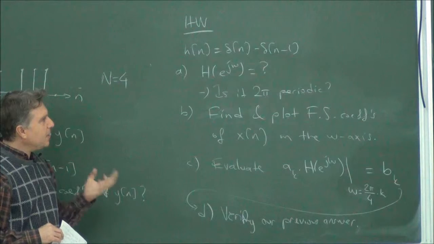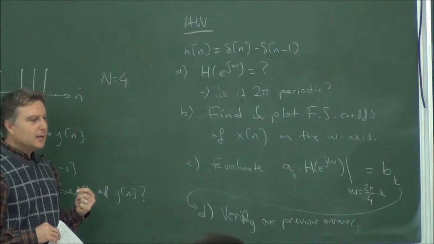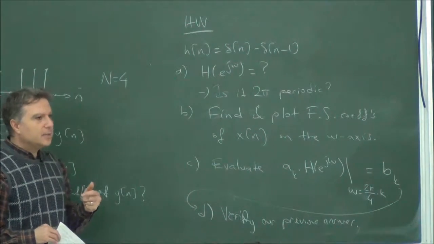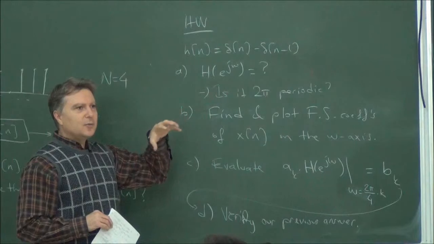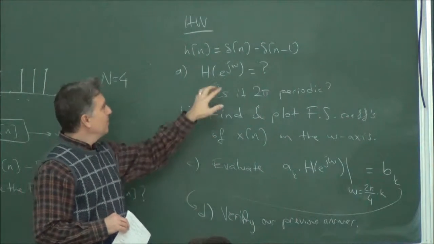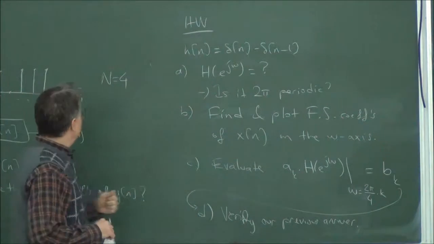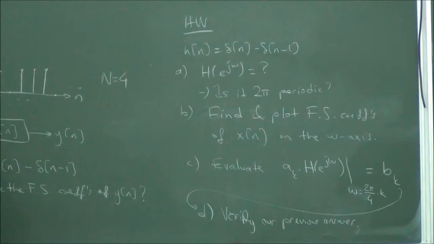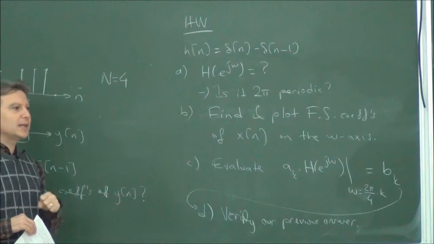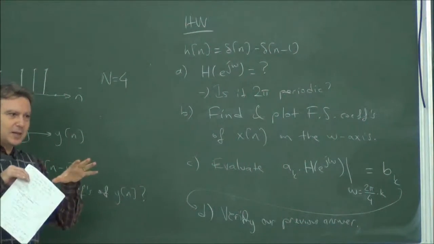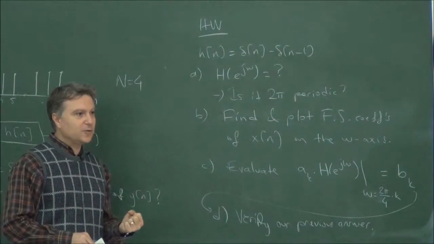Probably something is happening in such a way that 2 of the harmonics are multiplied by h of e to the j omega, which makes zeros. Probably these become zeros at 2 points, so that 2 of the Fourier series coefficients will not pass. 2 of them will shrink down to 0, and we will only have 2 Fourier series coefficients.